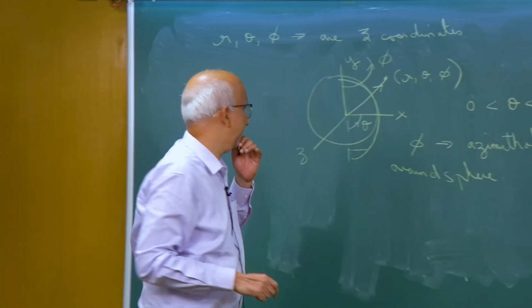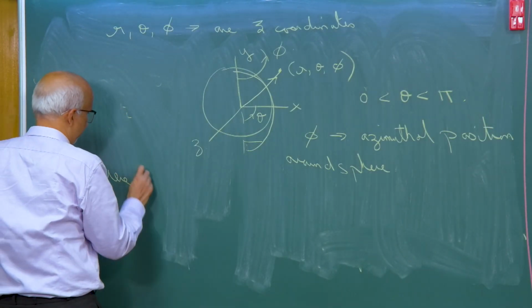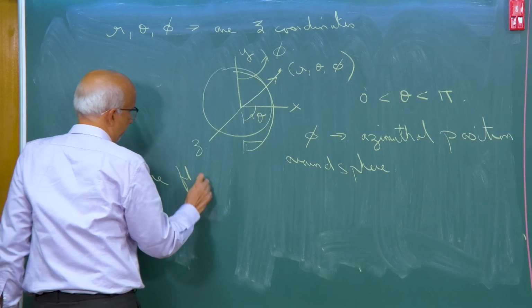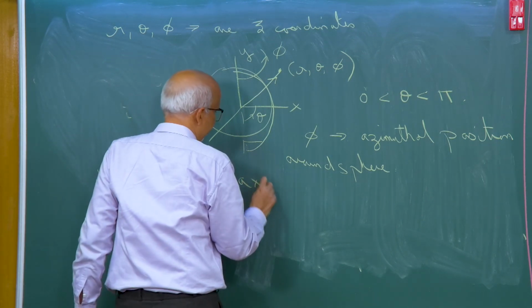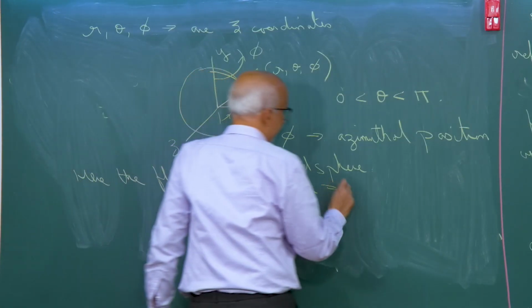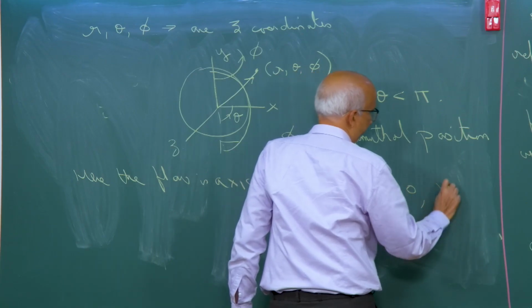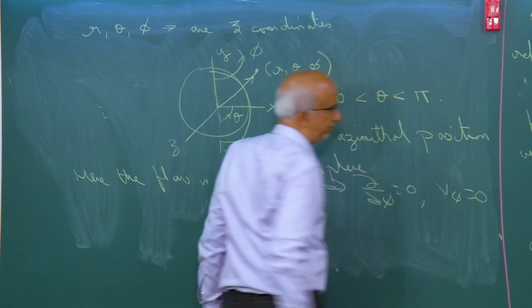So here the flow is axisymmetric, implies d by d phi is 0 and v phi is 0.